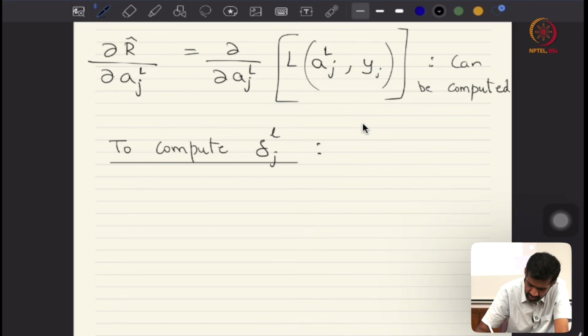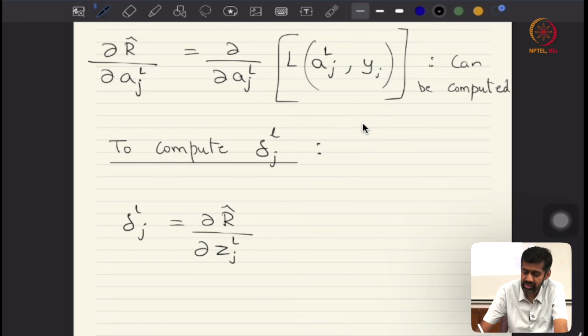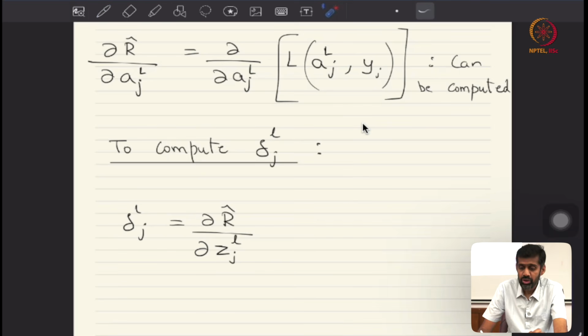We know that del Lj is the derivative with respect to the pre-activation of the jth neuron in the lth layer, correct? Now please look at this. The dependence of the output R cap on ZLJ is through multiple variables that come in between R cap and the lth layer.